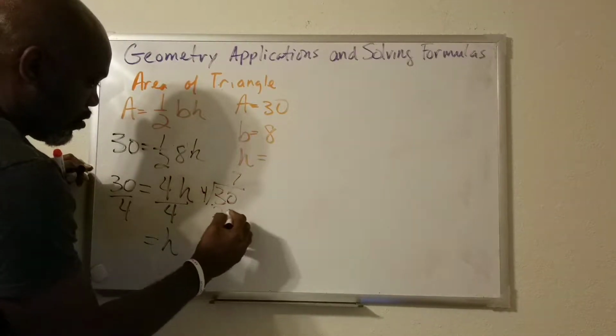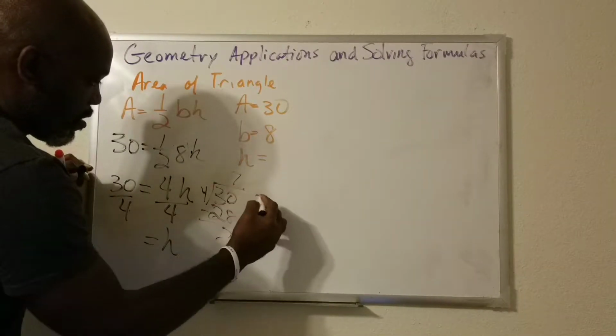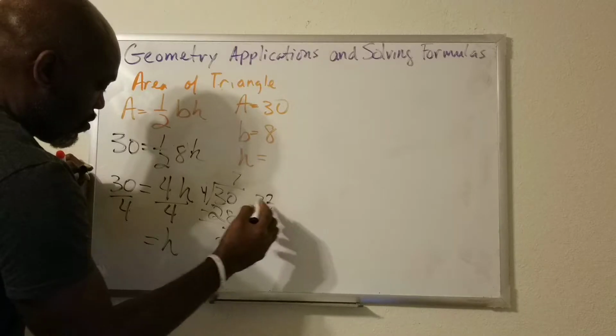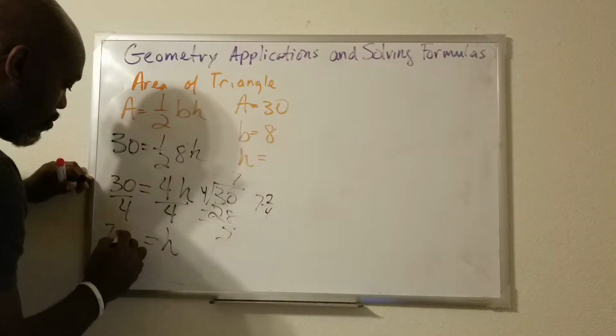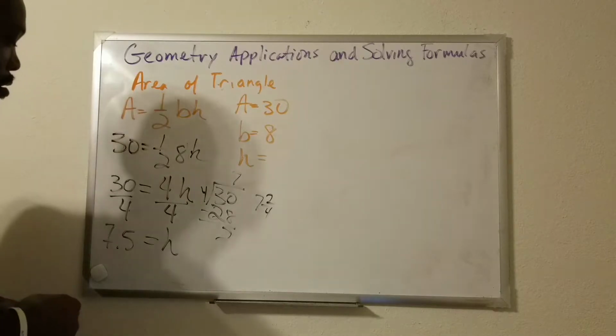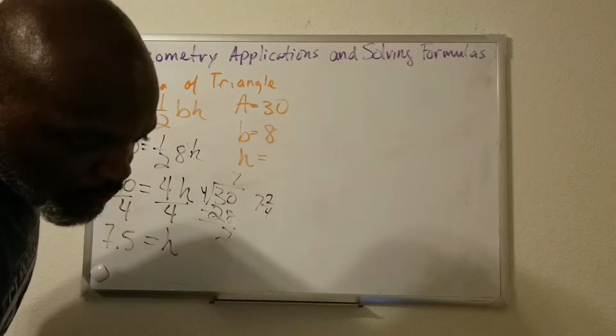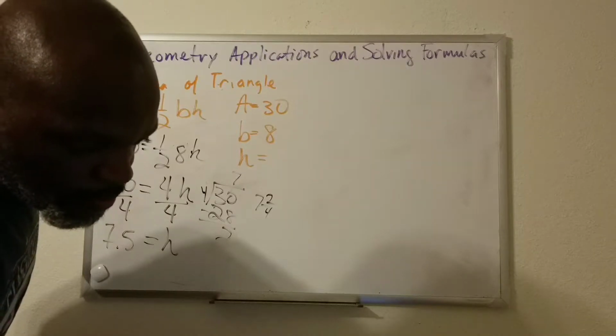That's 7, that's 28, 2, 7 and 2 fourths. So 7.5. That would be your answer. All right, so that's how we start. We set up for our first type of problem.